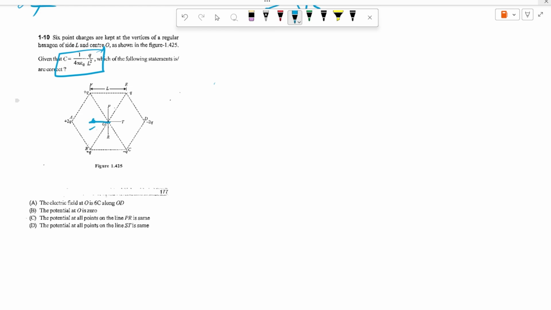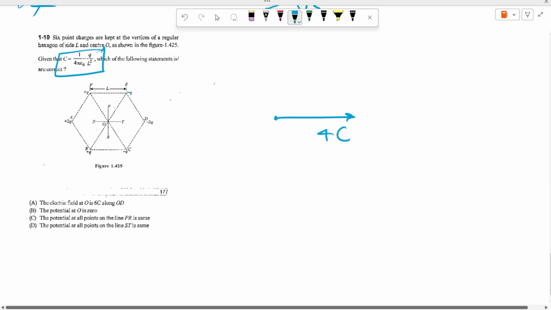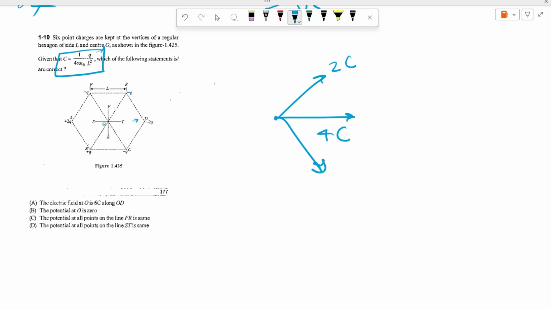It's 4. It is 4 times C, I guess. Yeah, it's 4 times C. Then we have, I suppose it is negative, right? Then, okay, wait. I think I made a mistake. So it is going to be 4C this way because it is attracted towards the negative charge. Then it is going to be 2C, and it is going to be 2C again.